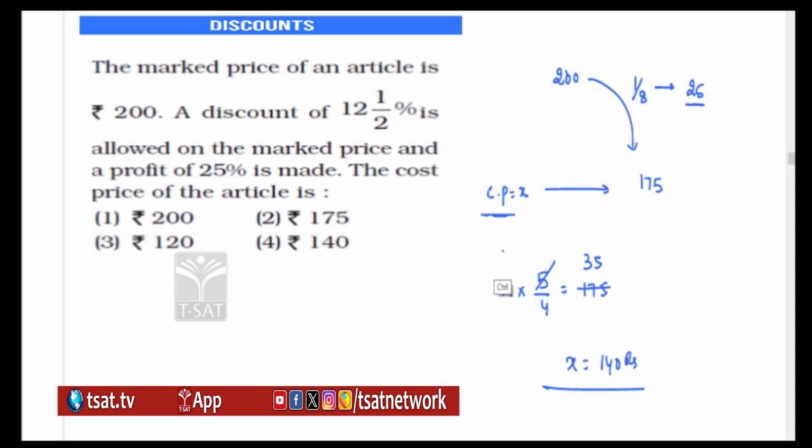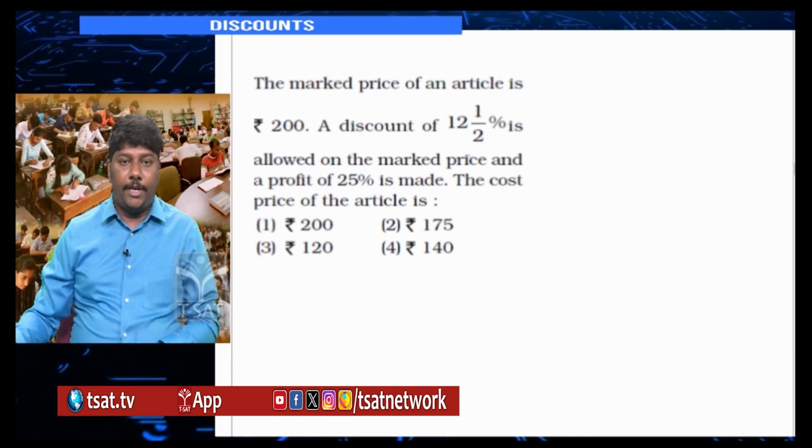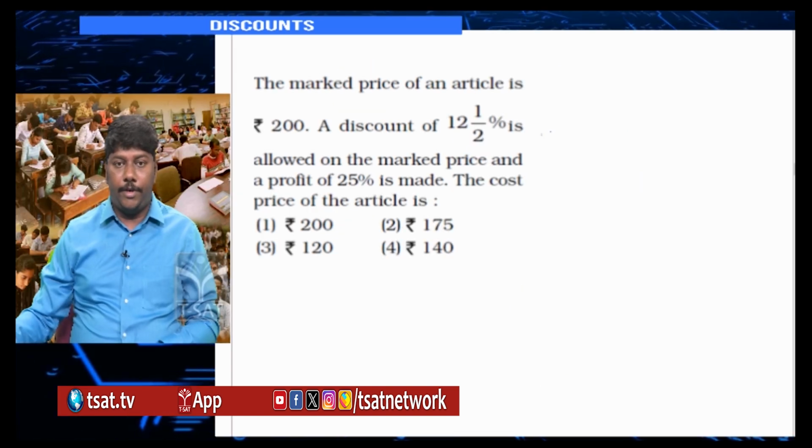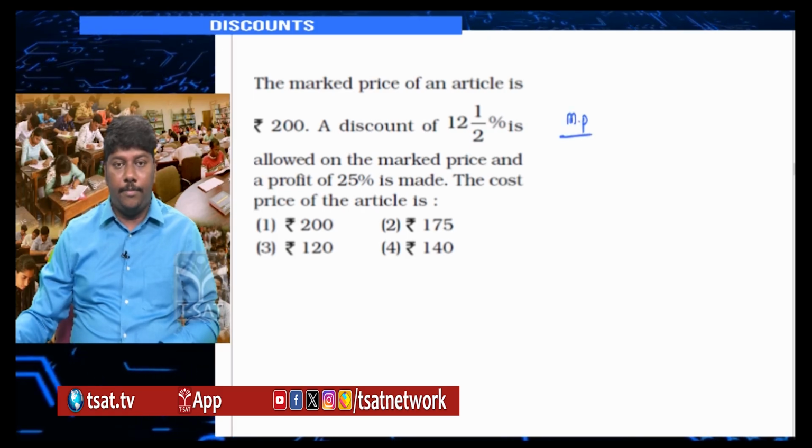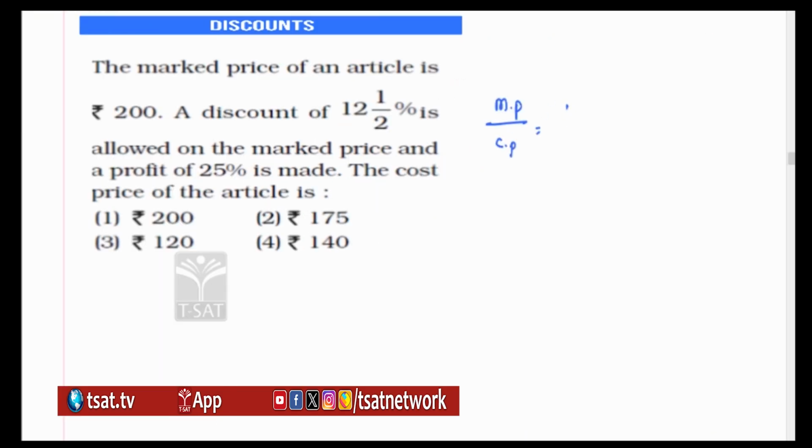The other way of doing it is, again same thing here. Marked price of an article is given, discount and profit is given. MP by CP is equal to 100 plus profit by 100 minus discount.